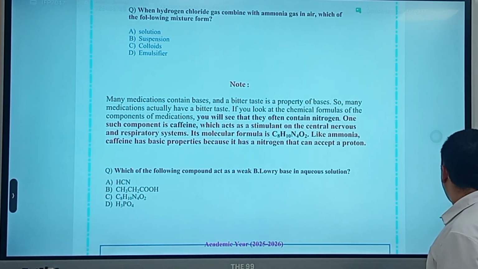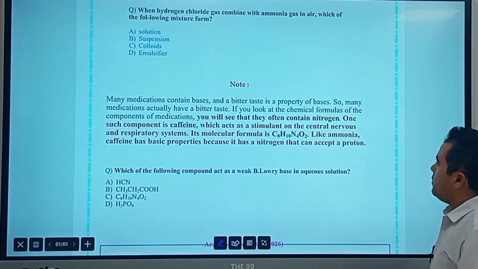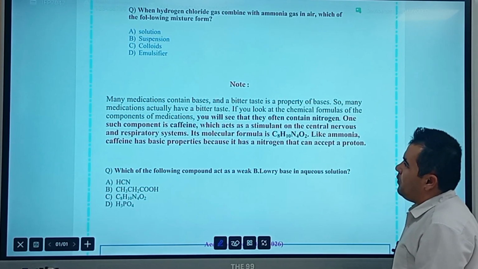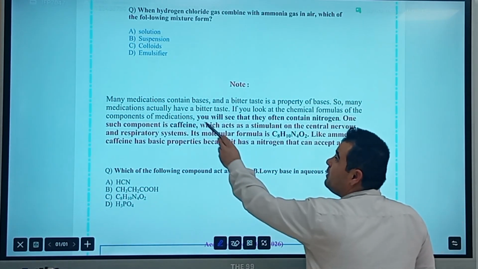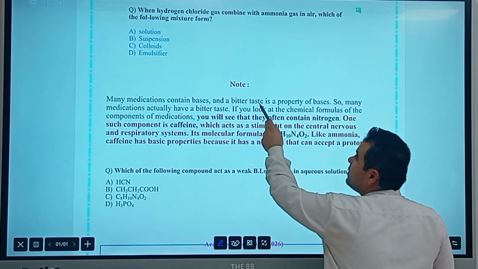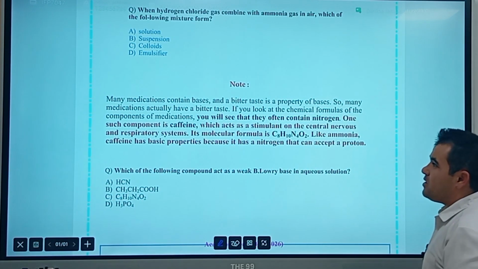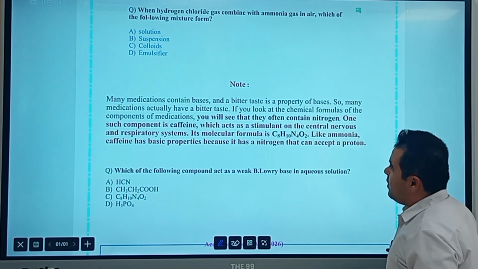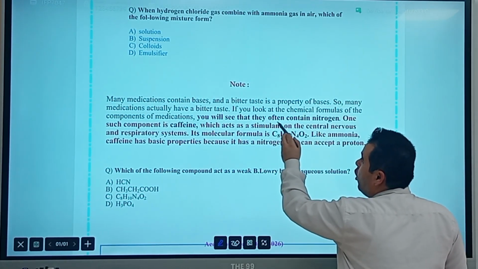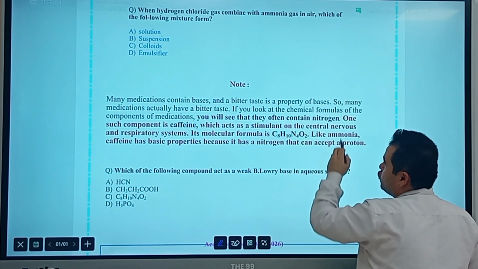Guys, one more note: we have some other bases like caffeine. Many medications contain bases, and a bitter taste is a property of bases, so many medications are bases. You'll see that they often contain nitrogen.